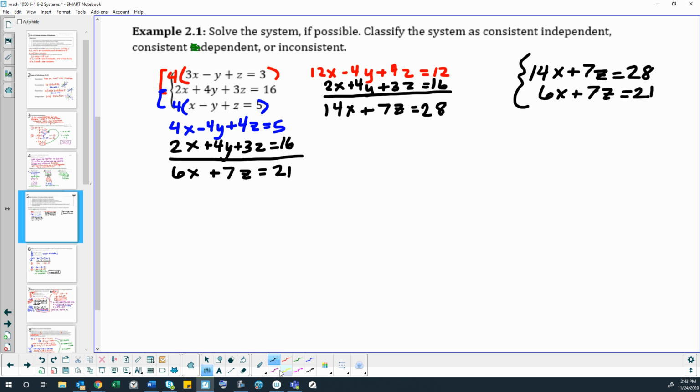And the easiest way to do that would be to take one of our equations and multiply through by a -1. So that would change this bottom equation to negative 6x minus 7z, better, equals negative 21.